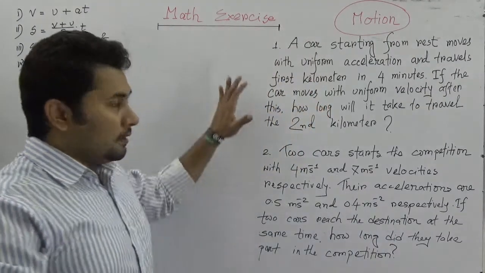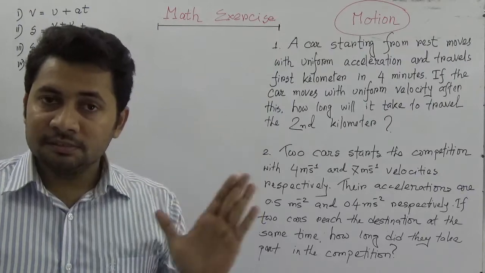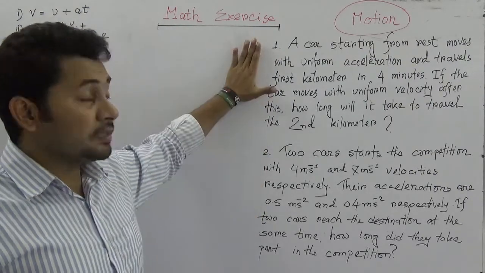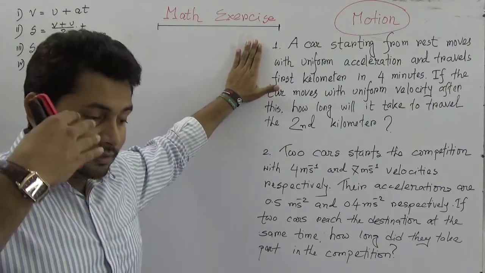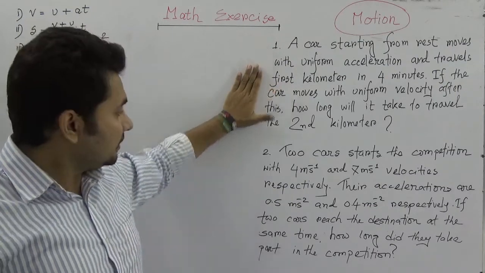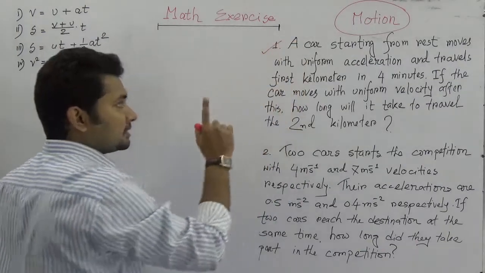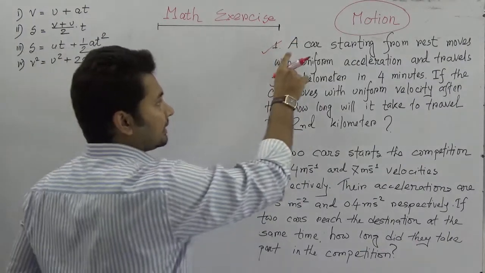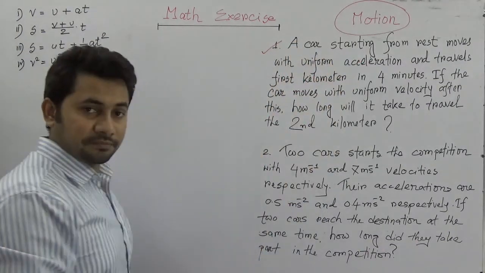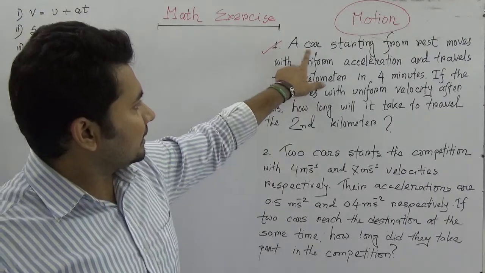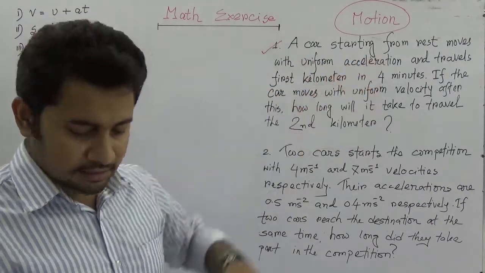From today, a series of lectures will be uploaded, and we will do a lot of practice on these types of questions. Suppose this is the first one, and in the first question something is written like a car starting from rest.